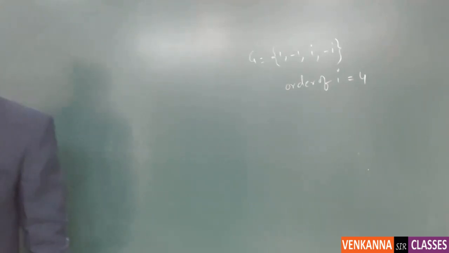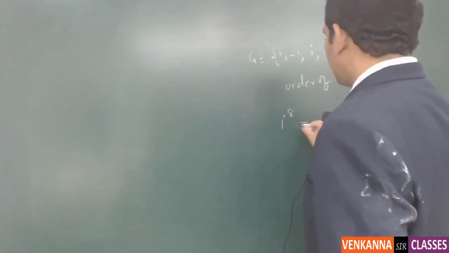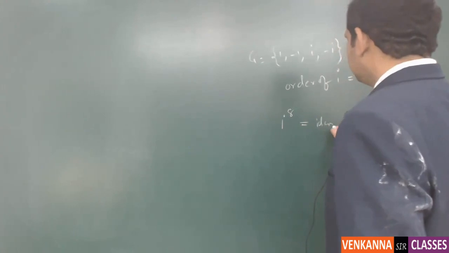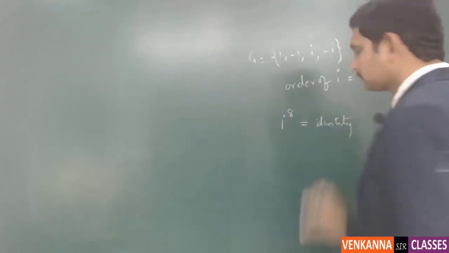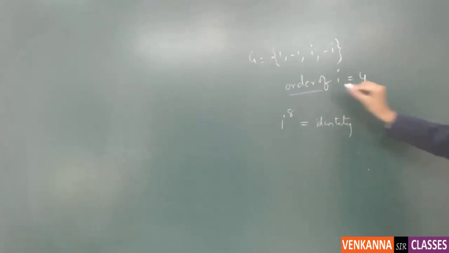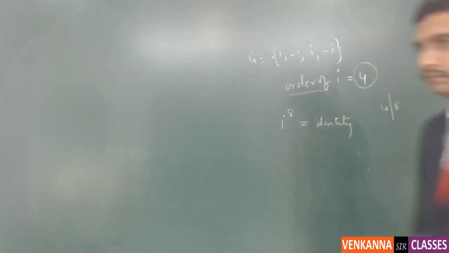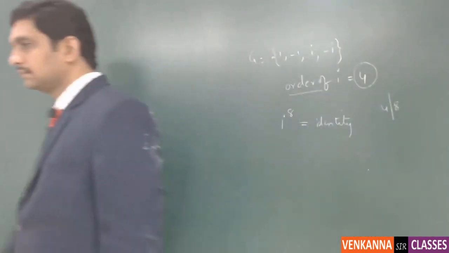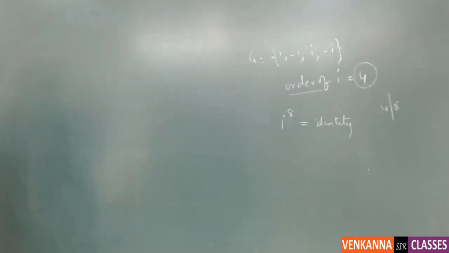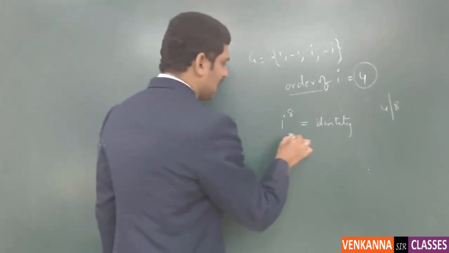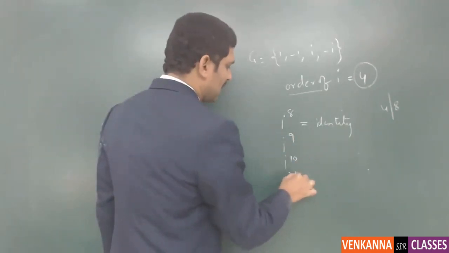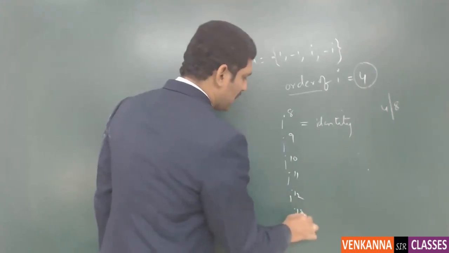So here the observation is, as we know, i power 8 is equal to identity. The order what you got will divide this power. Did you observe that? Again, you keep on raising the powers: i power 9, i power 10, i power 11, i power 12, i power 13, and so on.